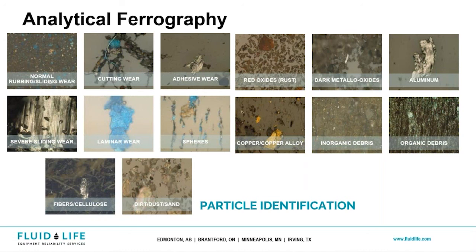So experienced analysts can provide accurate information about the type, severity, and root cause of normal and abnormal wear. You know, at Fluid Life, we have these senior analysts that are going to provide a detailed report accompanying stuff like you're seeing on this slide here, with particle identification and the different classifications of such.